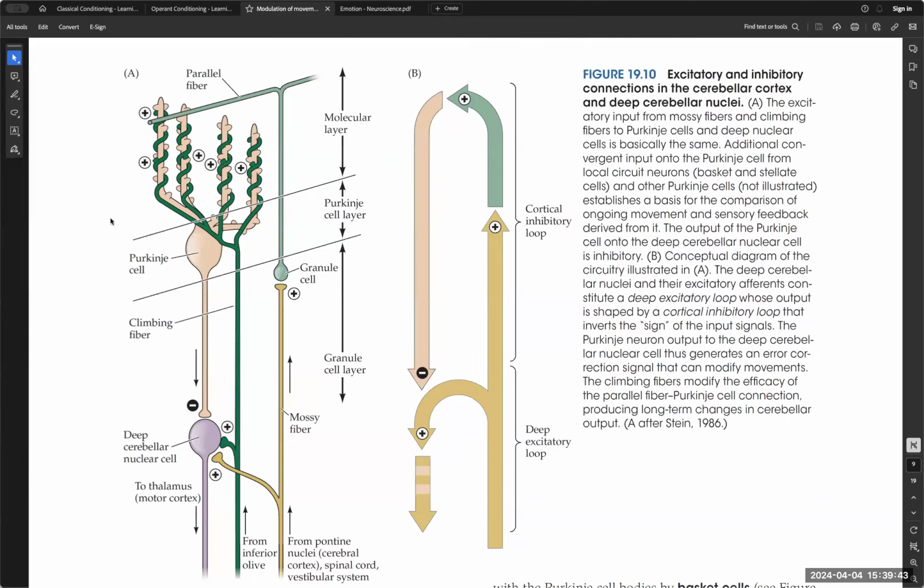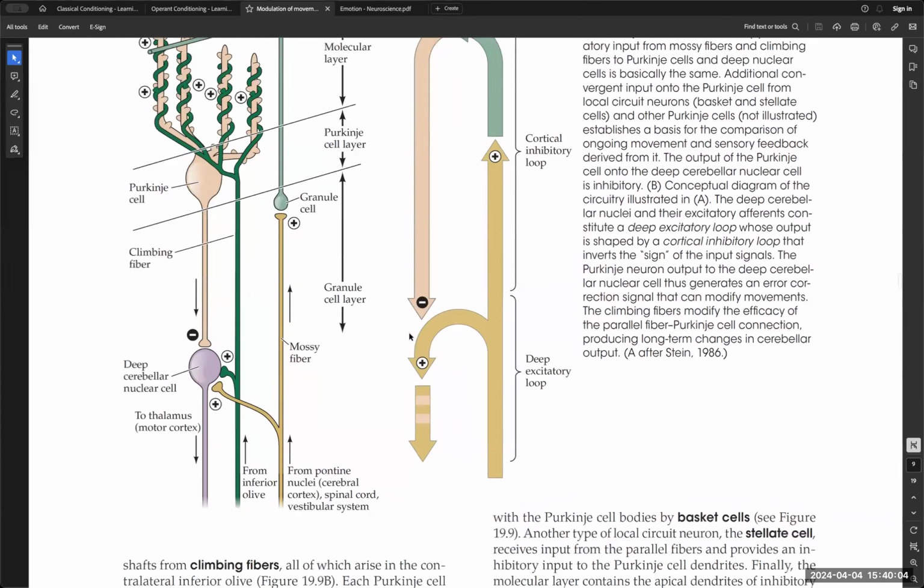So the question is, after learning AMPA is decreased? Yes, it is down regulated. Where? In the Purkinje cell. Why? So that the climbing cell error correction signal's effect decreases. Okay, it decreases the effect of the error correction via the climbing cell from the inferior olive.